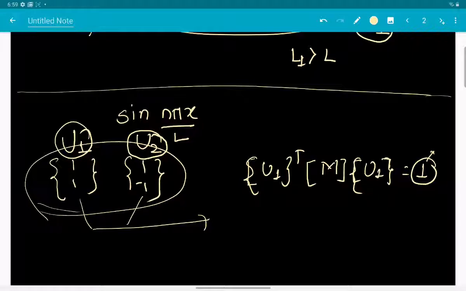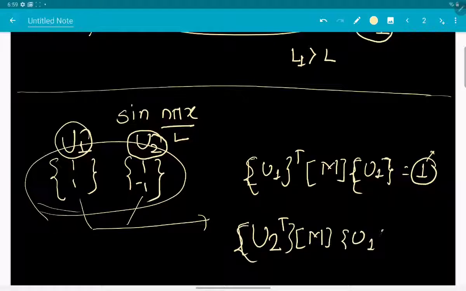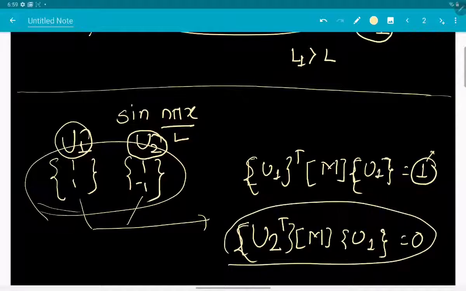We also have seen further that u2 transpose times m times u1 is equal to 0. Okay, and we said that this is the statement of modal orthogonality of these mode shapes. So these mode shapes are orthogonal with each other in consideration of this mass matrix.